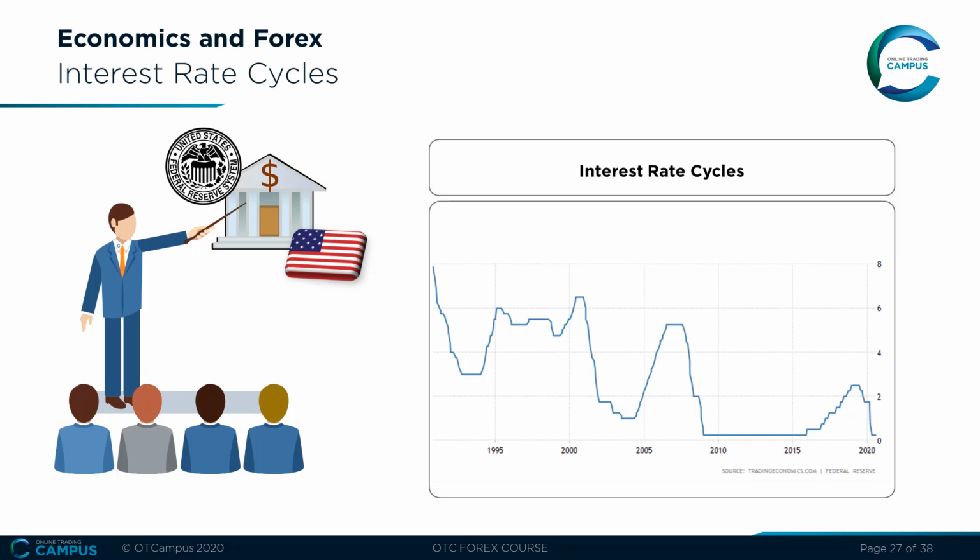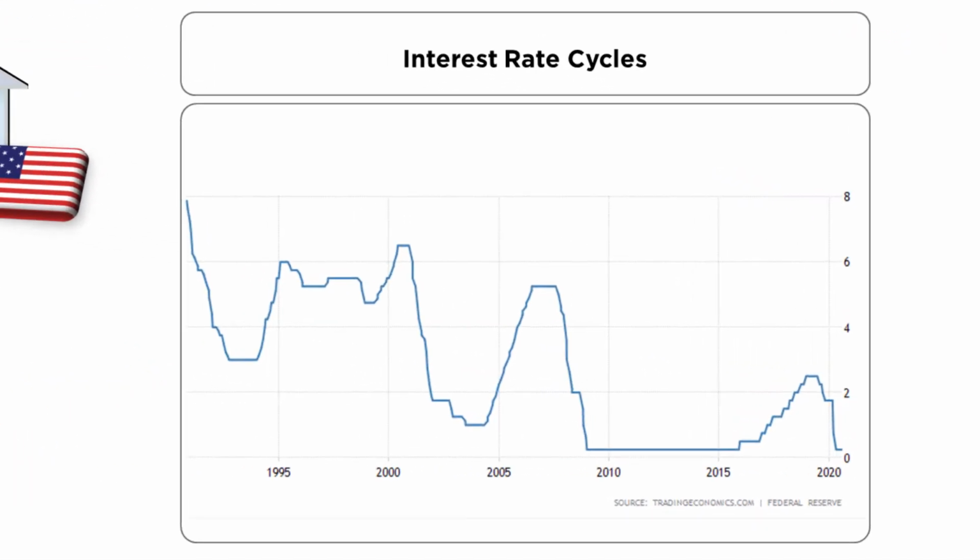More important than interest rates are so-called interest rate cycles. Here you can see the interest rate cycles from 1995 to today, 2020. You have the rate hike cycles, for example, from 1994 to 2000, where the Fed raised interest rates all the way up to 6.5%.